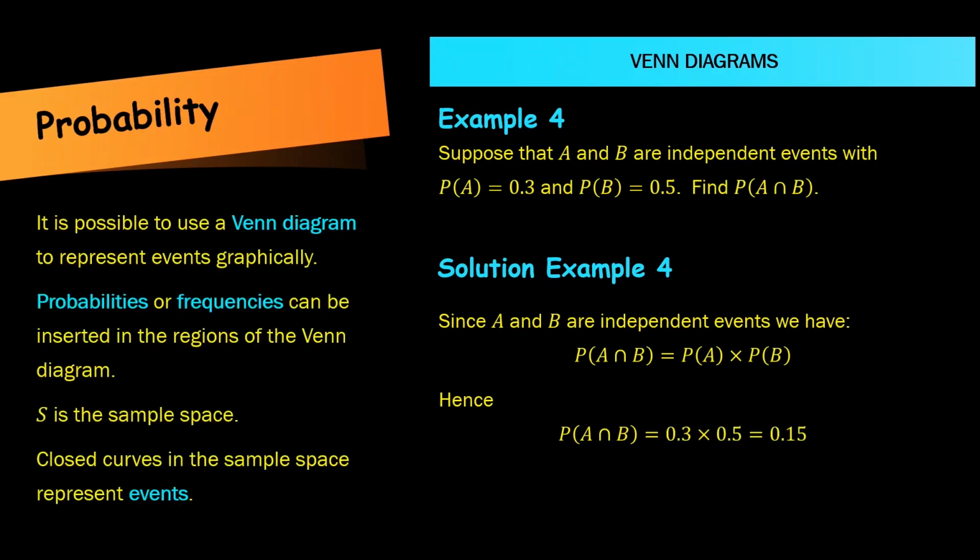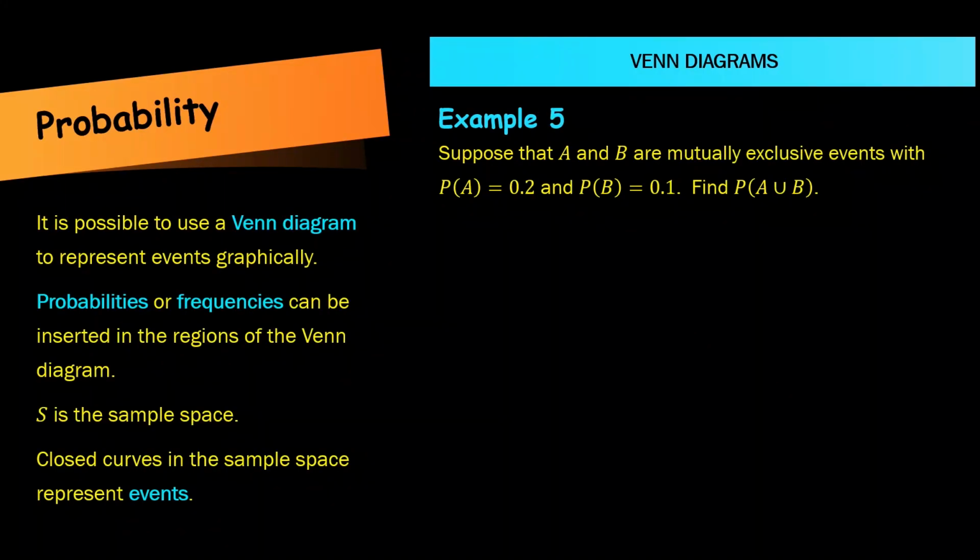And now for the next example. Suppose that A and B are mutually exclusive events with probability of A equals 0.2 and probability of B equals 0.1. We are required to find the probability of A union B. So let's solve this.